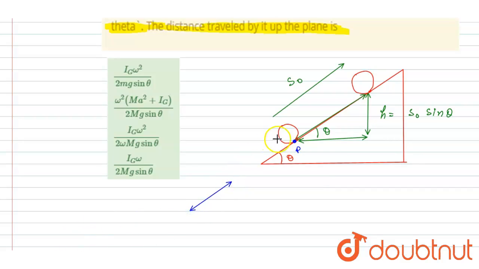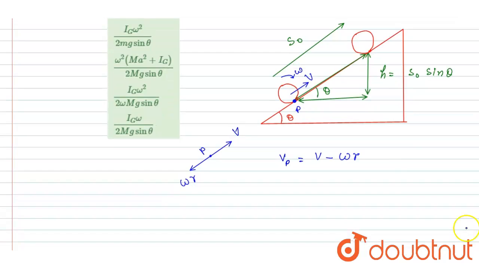If you see here, let's say the velocity is v and angular velocity is omega, you can get the relation between them. So v is in upward direction, omega r is in downward direction. So velocity of point P is v minus omega r, and this is 0, so you'll get v equals omega r.